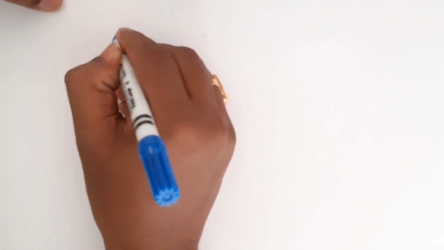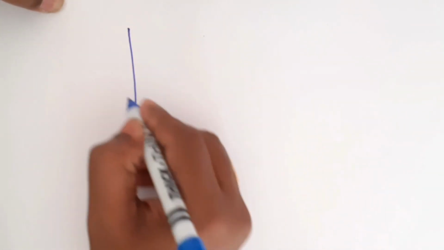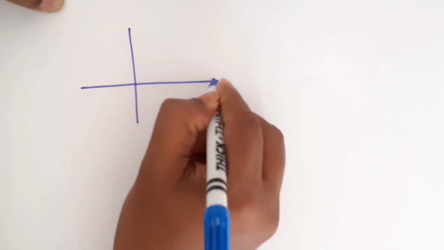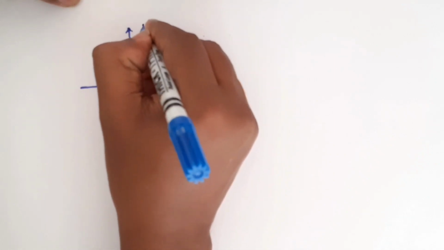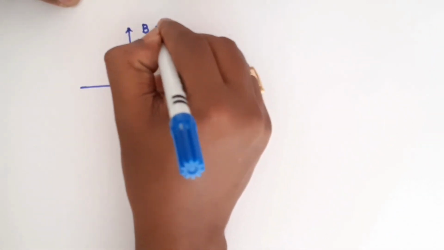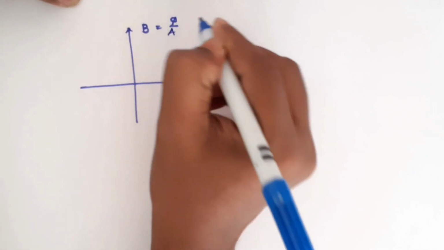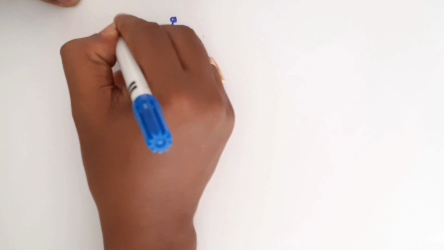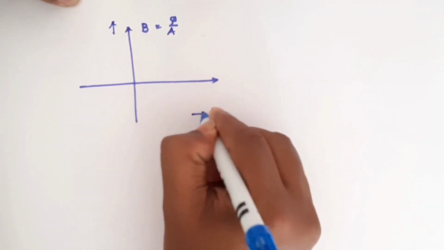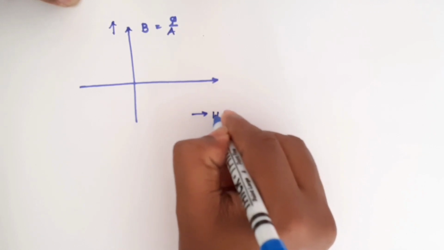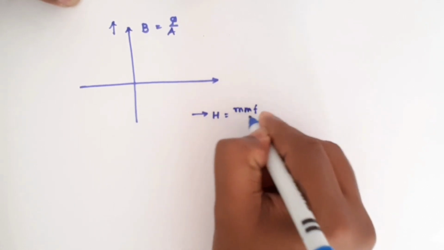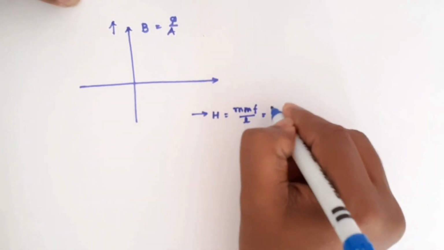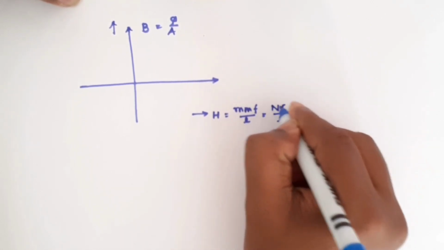If I draw the hysteresis loop, that means the BH curve, here on the y coordinate this is B, the flux density, which is equal to flux by area, and on the x coordinate this is H, the magnetic field intensity, which is equal to MMF by length, that is equal to N i by l, AT per meter.